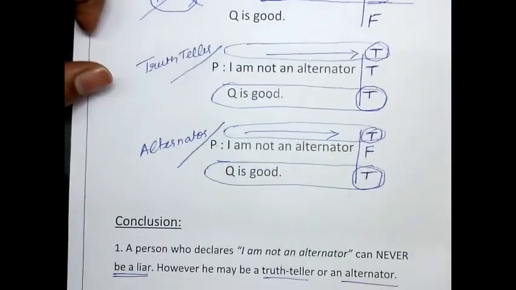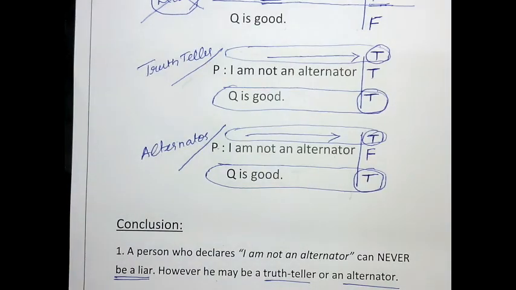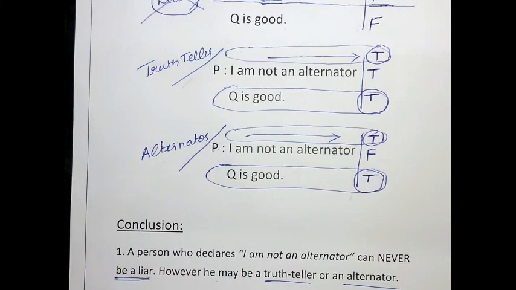I hope that you have now understood what the trigger statement approach is. If one among the four statements, that is I am a liar, I am not a truth teller, I am an alternator, I am not an alternator, is present, then you can definitely go ahead with the trigger statement approach.